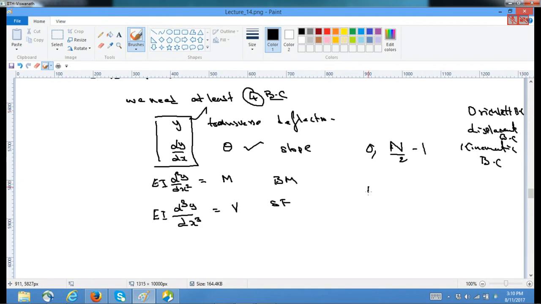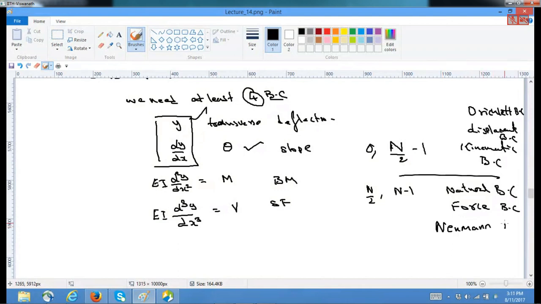And the derivatives from n by 2 to n minus 1 that you mention are called natural boundary conditions, or force boundary conditions, or Neumann boundary conditions.